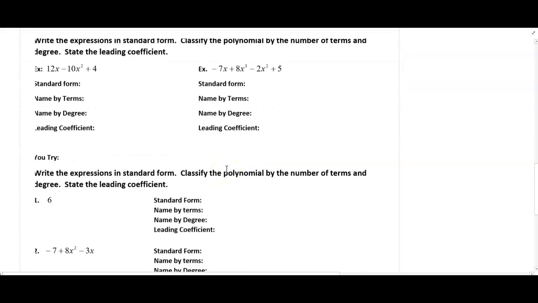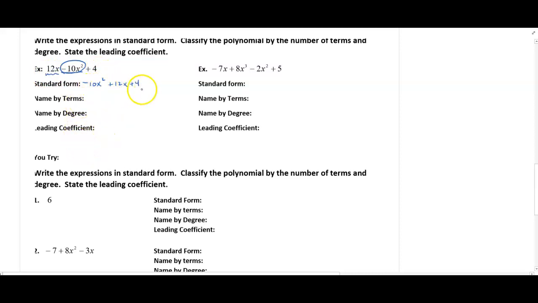So if we take these first couple of examples, they want us to write them in standard form, name them by number of terms, name by degree, and find the leading coefficient. So the first example here, highest degree is 2. So when we write it in standard form, I'm going to do negative 10x squared plus 12x plus 4.